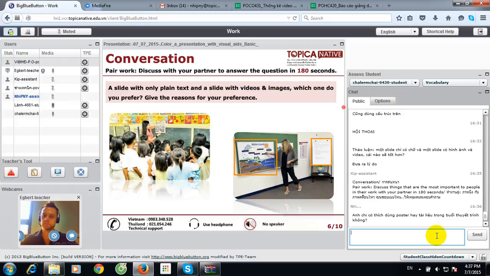I think I don't like posters and handouts because they are thick and I feel uncomfortable when I see them.